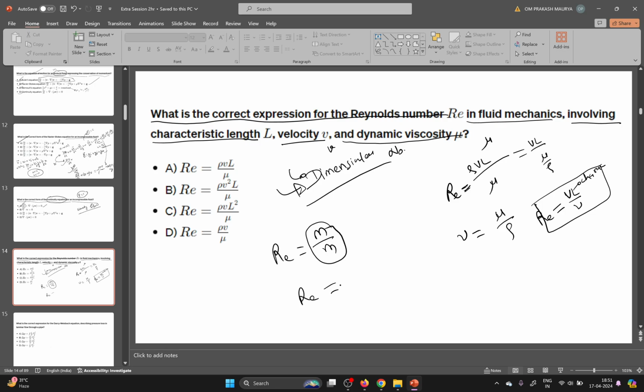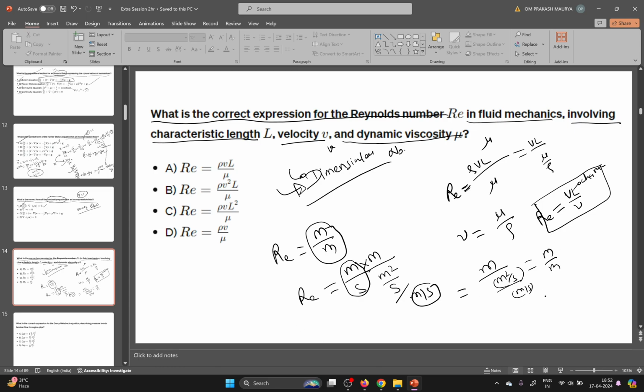Re is equal to meter per second into meter, divided by meter square per second. So these things I want to write here, meter per second. Is it okay? No problem. So what is remaining? Meter divided by meter square per second divided by meter per second. When you cancel out meter by meter.